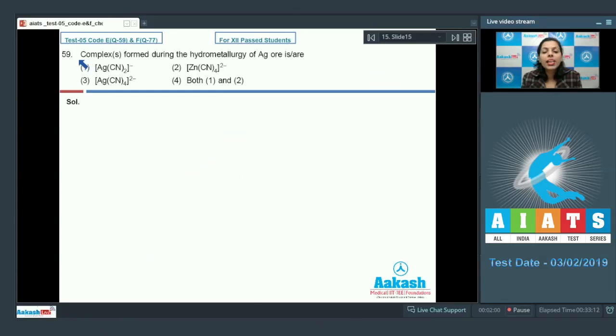After that, question number 59. We have the complex or the complexes formed during the hydrometallurgy of silver ore is R. It means in this case we have to just identify the process of hydrometallurgy that's taking place here for silver. We know that this hydrometallurgy process involves a leaching process also. And what's that process? In that process we take the silver ore and it is treated with sodium cyanide.